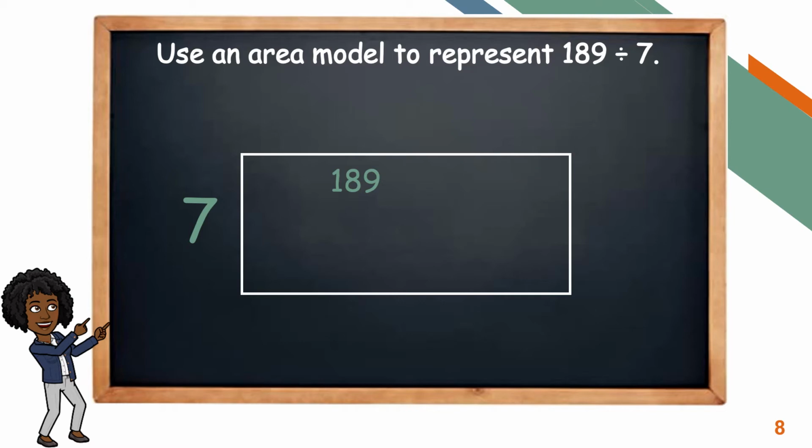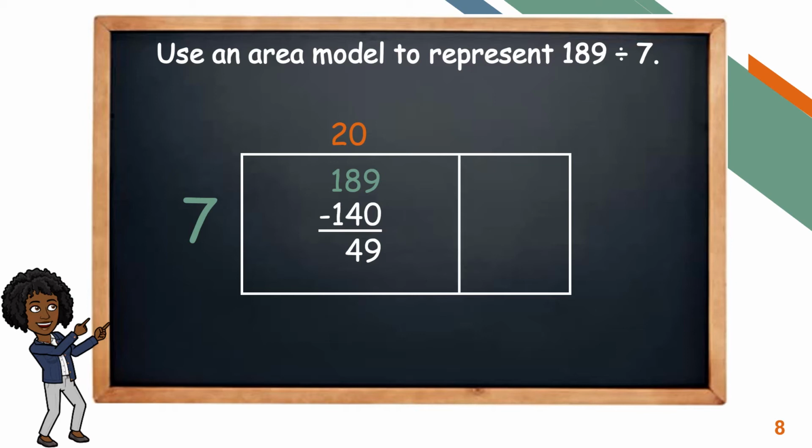So first, let's multiply 7 times 10. Well, that gives us 70. I think we can get closer to 189. Let's multiply 7 times 20. That gives us 140, which is much closer. So we subtract 189 minus 140 and find out that we have 49 left to fill up the rectangle.